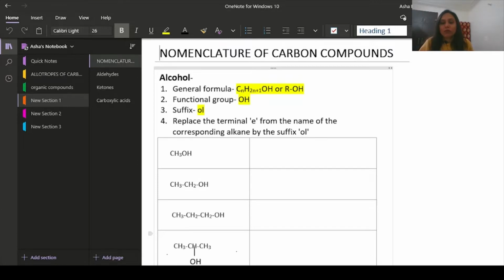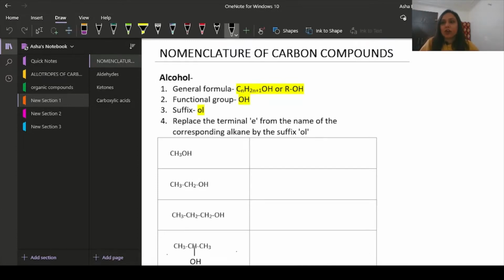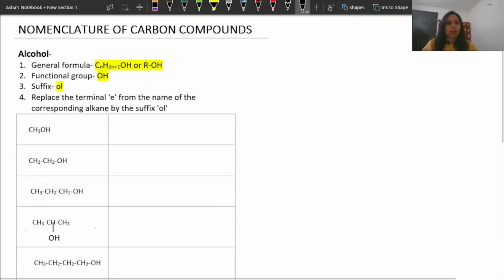So first of all, we will see the nomenclature or naming of the alcohol. Now, as in our previous session, we have already understood that alcohol is a kind of functional group.